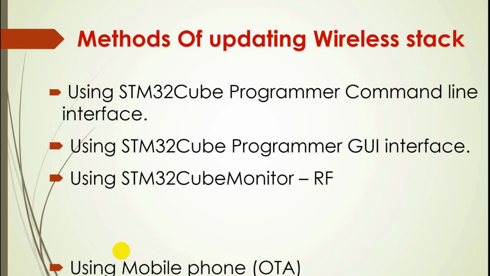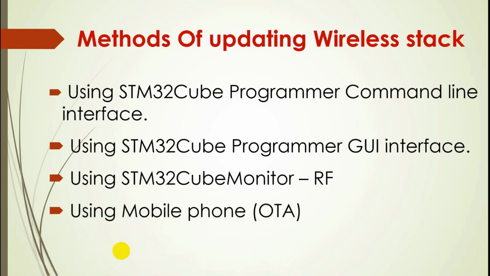And the fourth method could be using your mobile phone. If you don't want to use any PC or any GUI, and you want to update your wireless firmware stack in the field, you can use your mobile app or any BLE connection to update the wireless stack of your Bluetooth node.